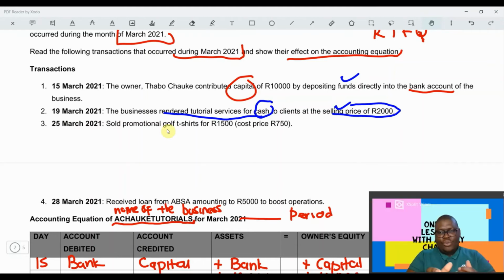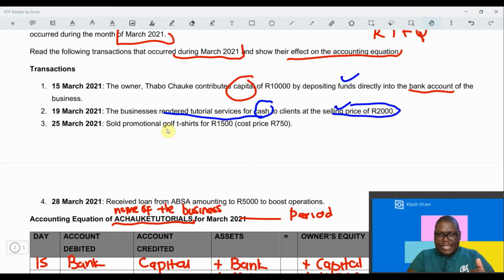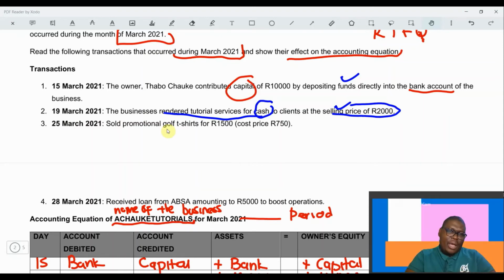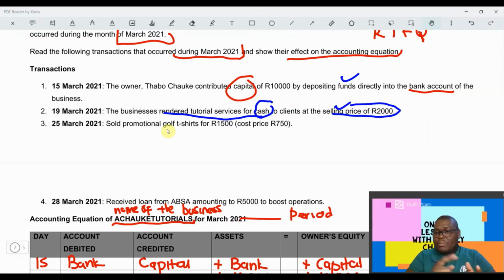Okay, so we need to show the effect of the sales first. If we sell, what accounts are affected? And from here, notice something, they didn't tell us whether we sold for cash or credit. But if they don't mention anything, we know that it's for cash. Okay, remember, mostly businesses sell for cash. And because I'm the owner, I'm telling you, I sold these promotional t-shirts for cash, no credit.